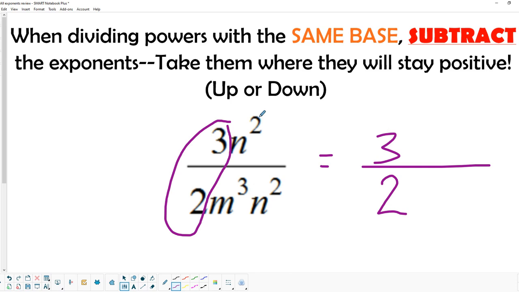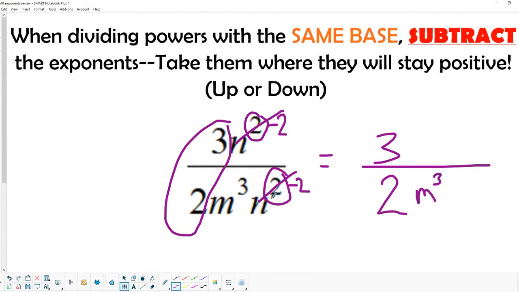Then as far as our n's are concerned, we've got n squared on the top and n squared on the bottom. So if we subtract that 2 off of the top and the bottom, we end up with n to the 0 power, which equals 1. So the n's really just cancel each other out, and we're left with m to the 3rd on the bottom.